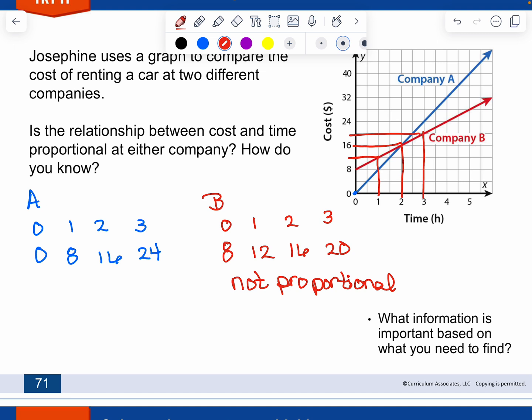But A is proportional. And we know that our unit rate, or our constant of proportionality, is 8.